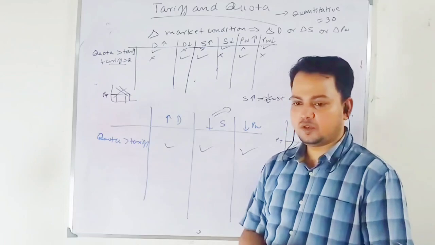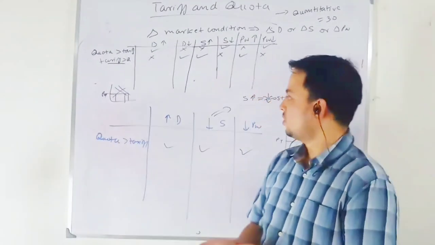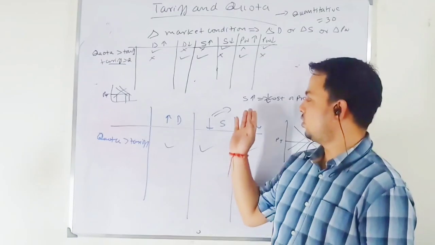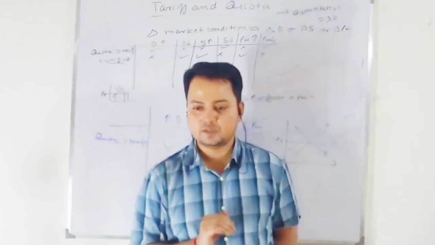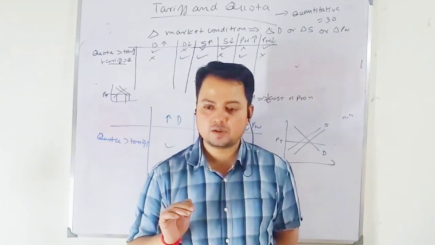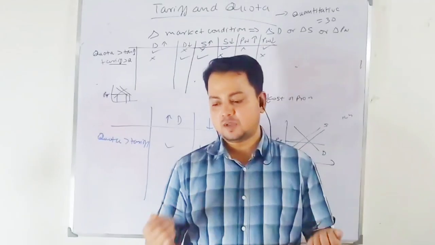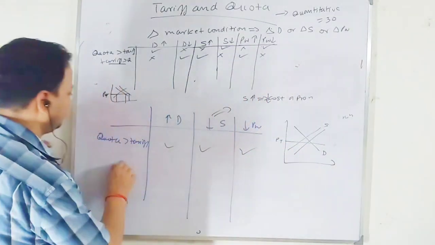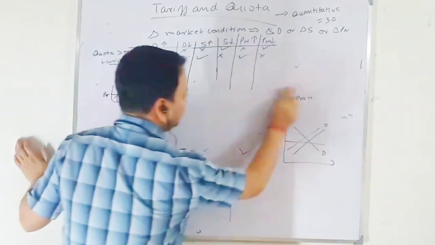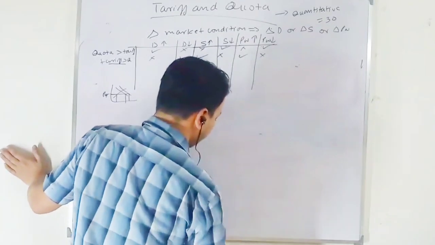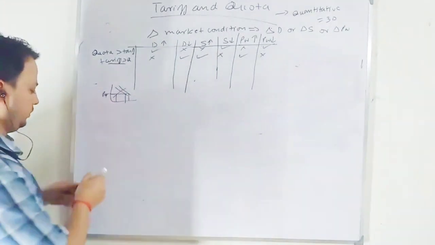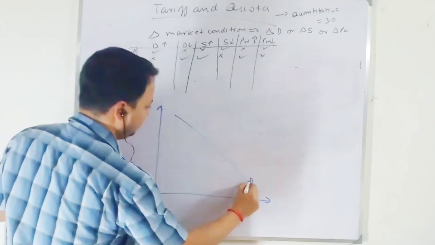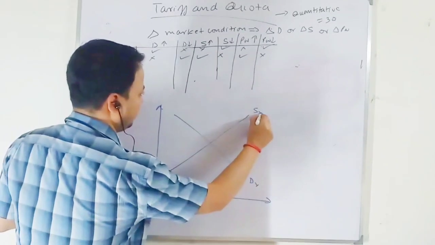Related to the infant industry argument. When you give protection to the domestic industry, the firms that are inefficient, look at this graph. This is the domestic demand curve, this is the domestic supply curve.